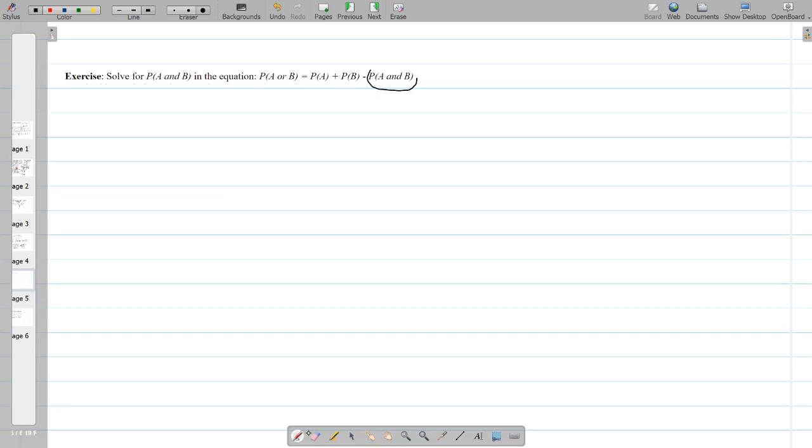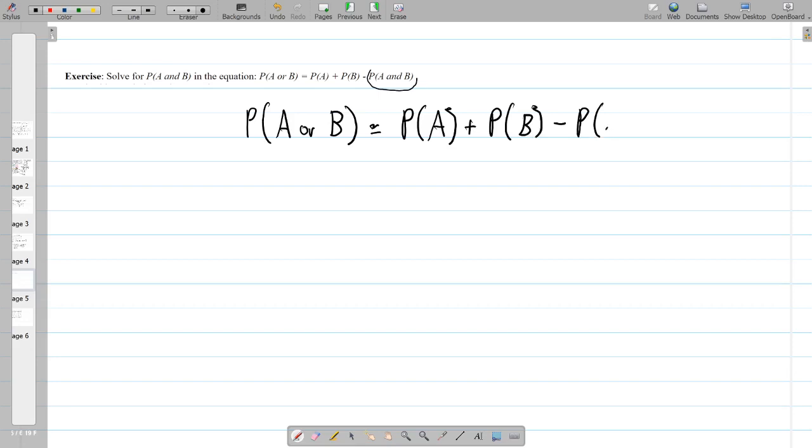Okay, so let me write this equation again. So we have probability of A or B equals probability of A plus probability of B minus probability of A and B. To get that piece by itself, there are different ways we can do it.